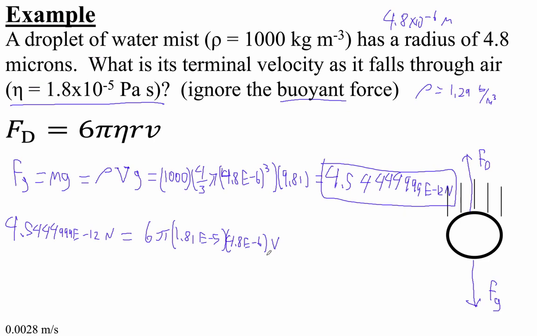And I get 2.7749 times 10 to the minus third meters per second. One divided by that means it would take 360 seconds to fall a meter.